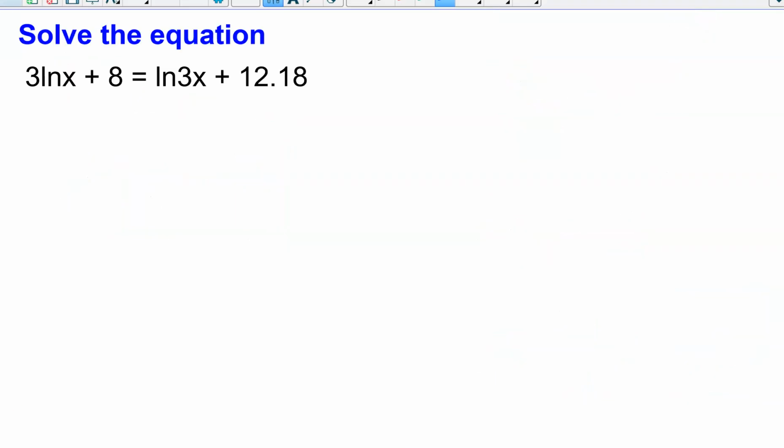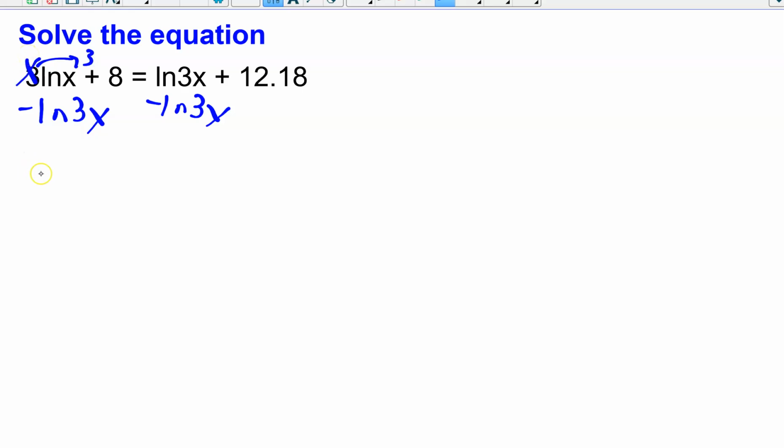Okay, let's take a look at this one, another equation. I've got to get the x's together, so I am going to move this one over. And when I do that, in order to put these together, we'd be dividing. First thing I need to do is move that 3 back up there.